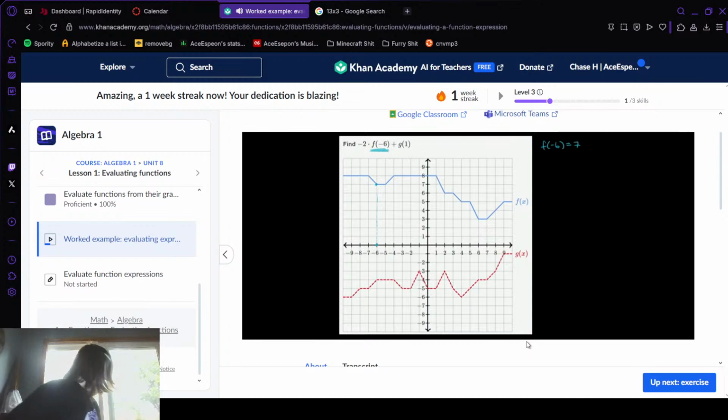And what is g of 1? Well, once again, here's our input axis. And then the function says that g of 1, which is right over there, is -5. G of 1 is equal to -5. So this statement simplifies to -2 times f of -6, which is 7.